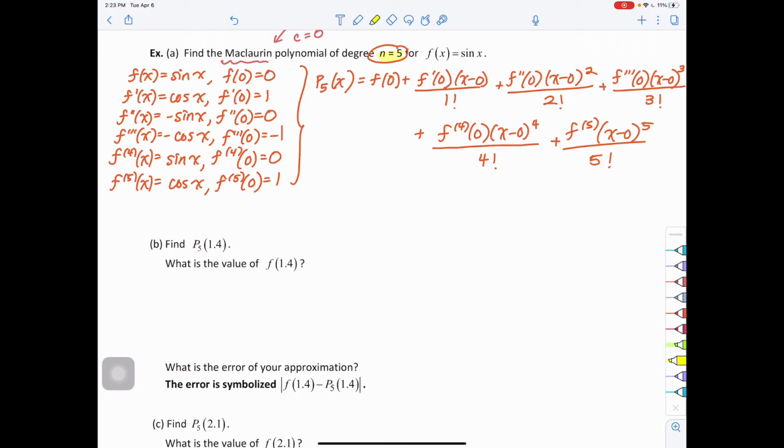What did you notice here? If you can see that we really could have just written x and x squared and so forth, okay? But I just really wanted you to see this. So let's go ahead and write this.